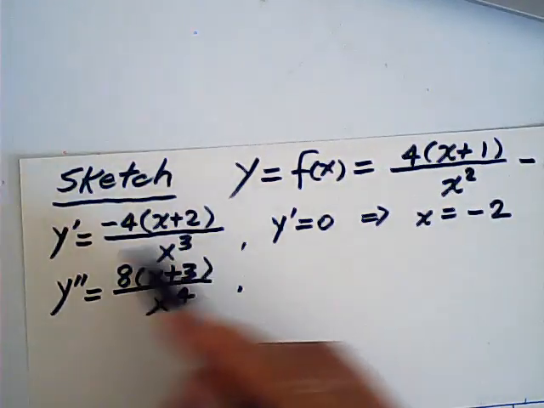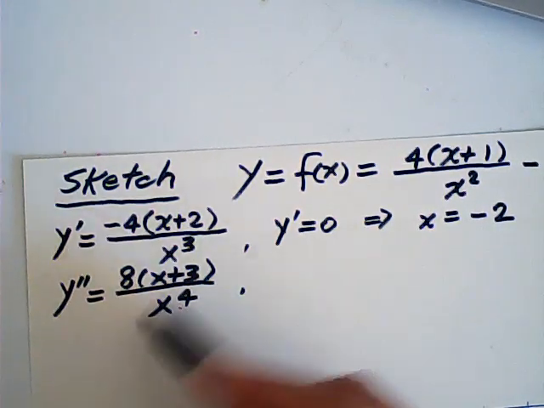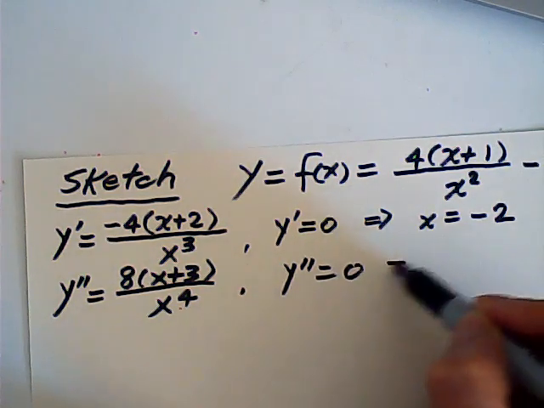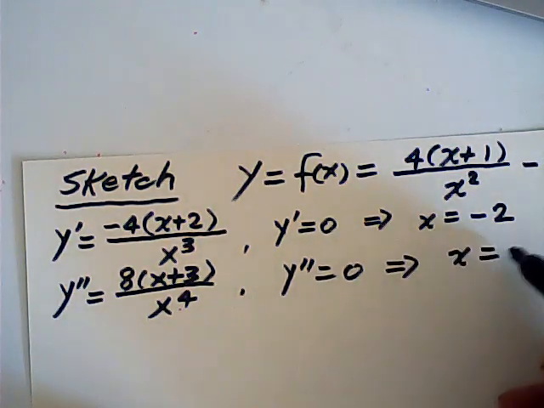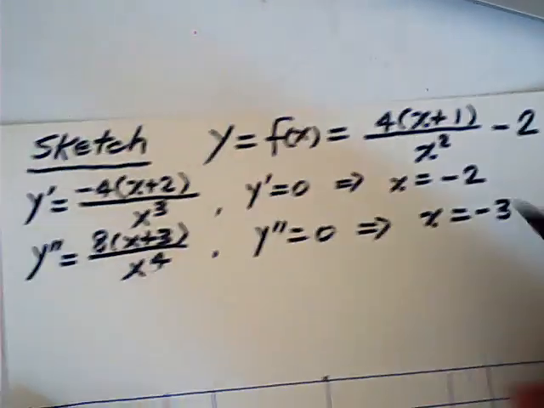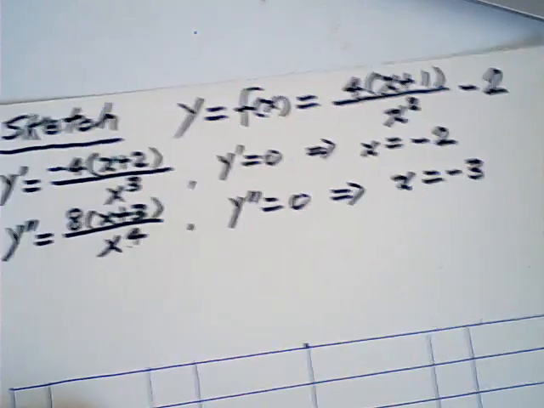You find the derivative of this with respect to x, then you simplify, you get this. Second derivative equals 0. It means that x equals minus 3. So these 2 points are important for us to discuss.